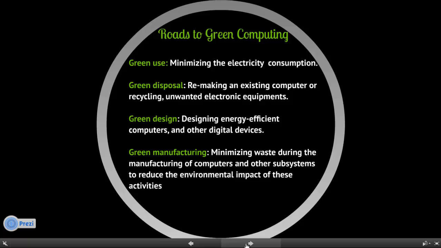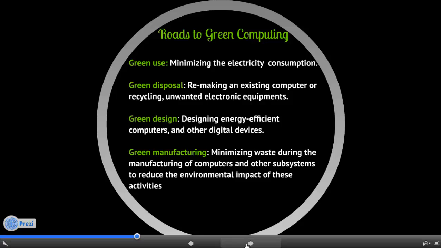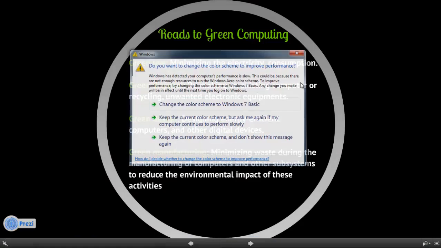Roads to green computing. There are different ways to go green. Green use, green disposal, green design, green manufacturing. What is green use? Minimizing electricity consumption. Green disposal: remaking an existing computer or recycling unwanted electronic equipment.